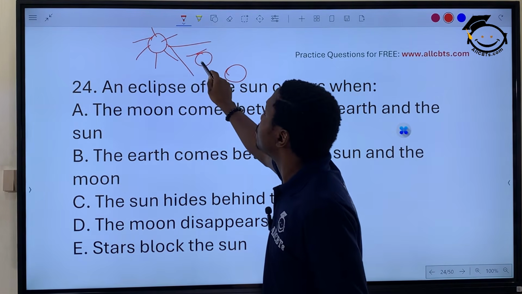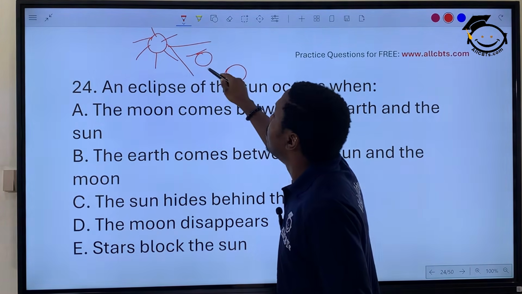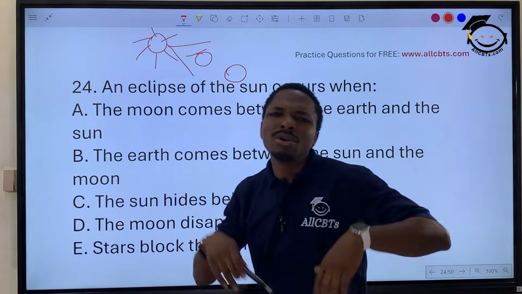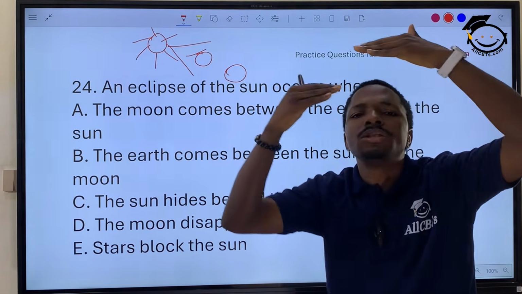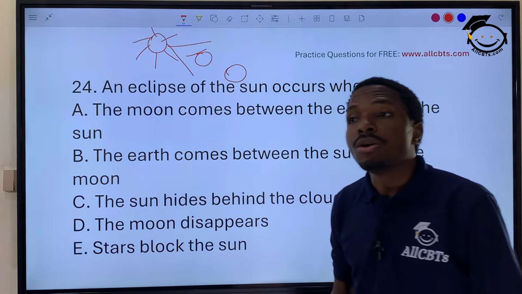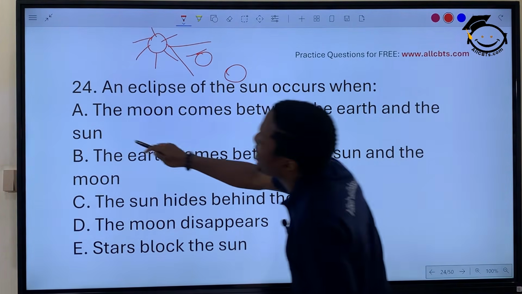They are all rotating together. So it becomes night, even though we are in the day, because the moon has blocked the sun from reaching the earth. So you call it Osodo. So that is the answer.